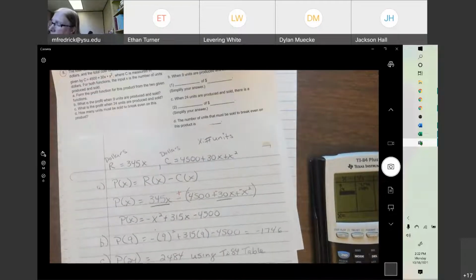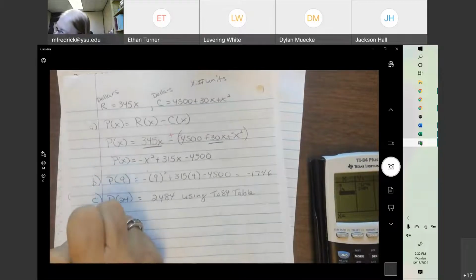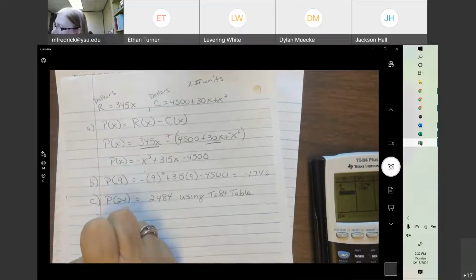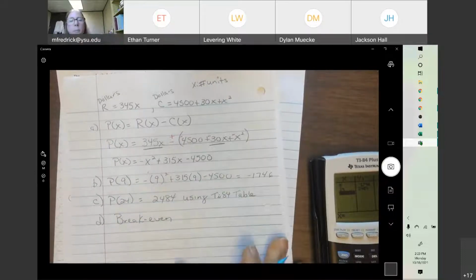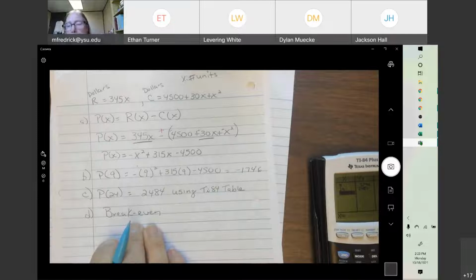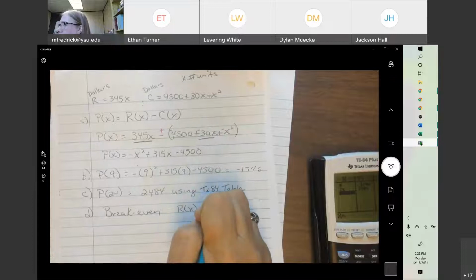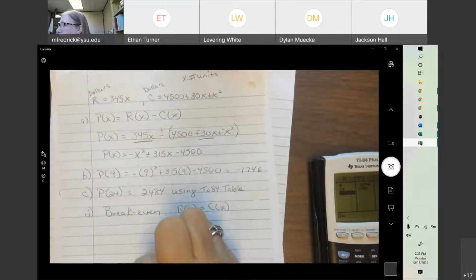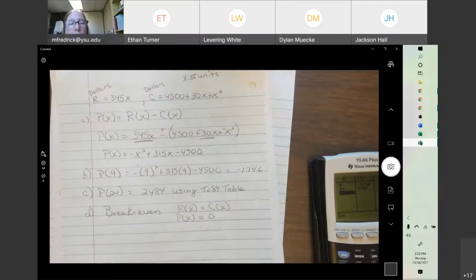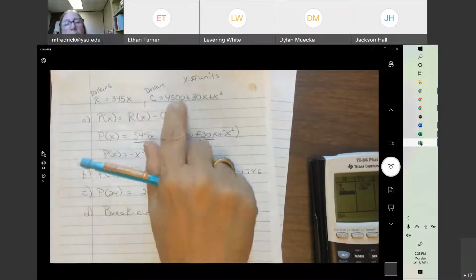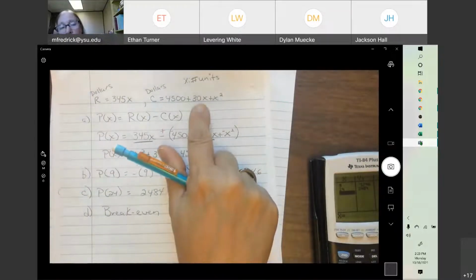Part D. How many units must be sold to break even? Well, to break even, that is when revenue equals cost, or you can just set profit equal to 0. Now, if we set the revenue equal to cost, because this is x squared, we've got to subtract 345x over.